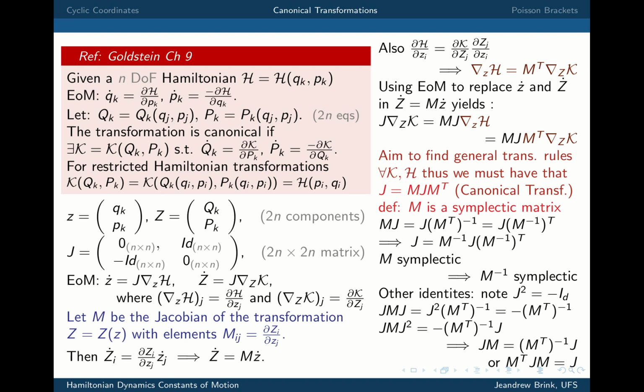And what I now want to do is move on to the Poisson brackets. I introduced those Poisson brackets for a reason. Let's see what it means with respect to a canonical transformation.